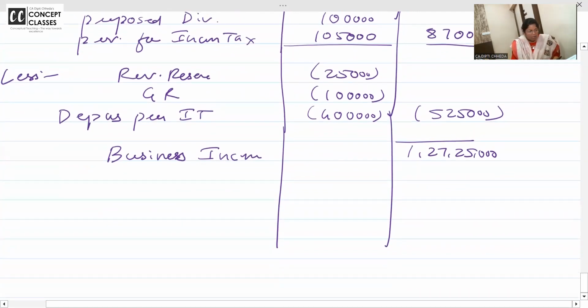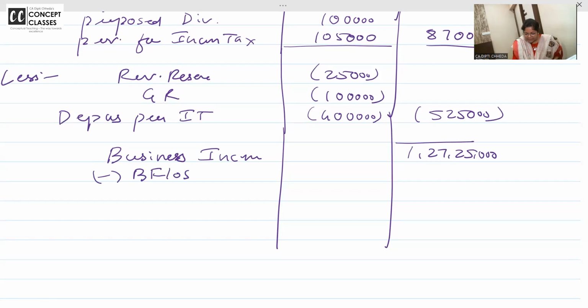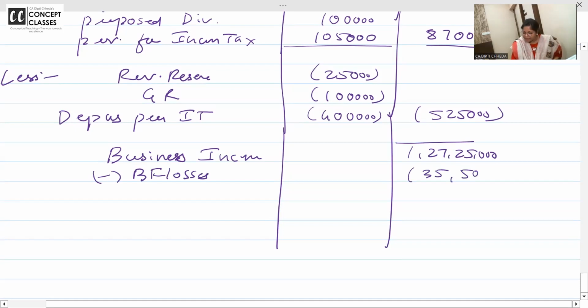1,27,25,000. Now from the business income, can I deduct both brought forward losses and unabsorbed depreciation? Yes. Brought forward losses I can deduct from current year's business income. Who taught you? In the set off and carry forward topic.